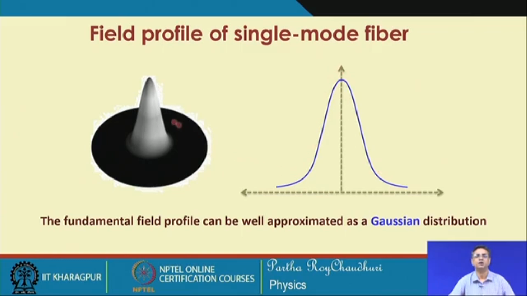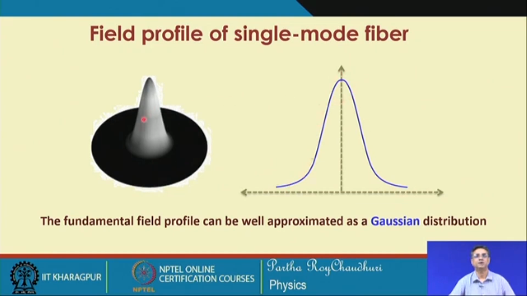It has a number of advantages: instead of describing the field distribution with two functions, that is J L and K L, in combination with the matching conditions for a given propagation constant beta, you can represent the fundamental mode by one simple Gaussian function, r square by sigma square or w square.